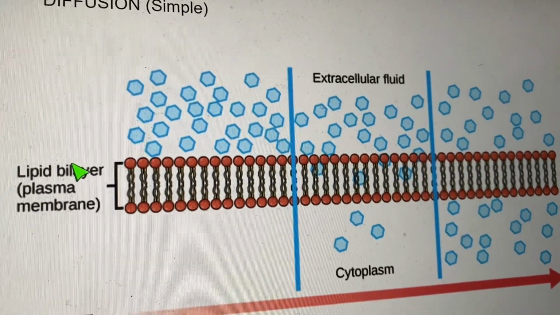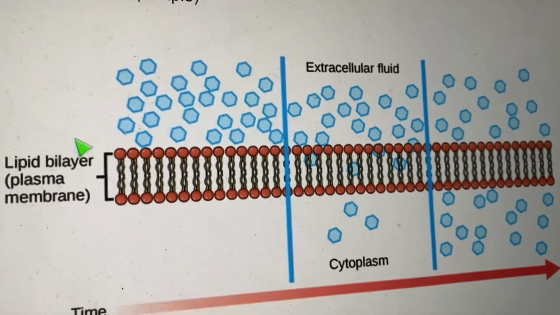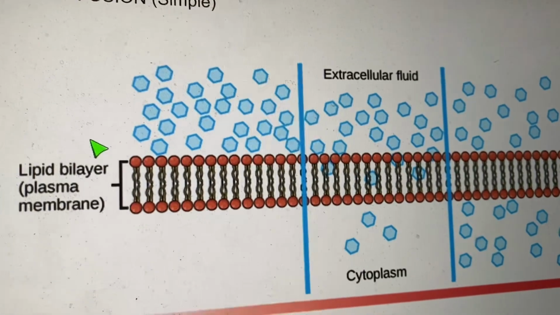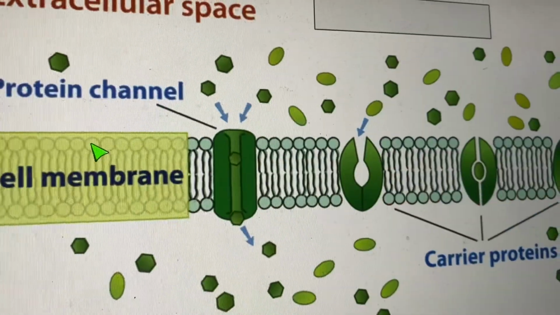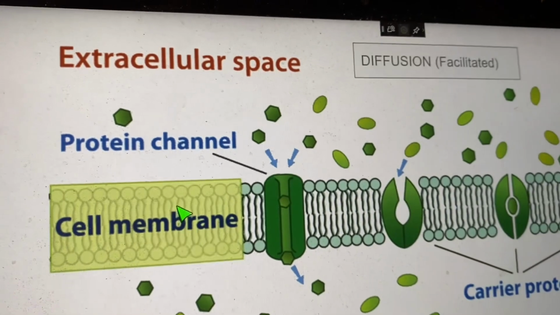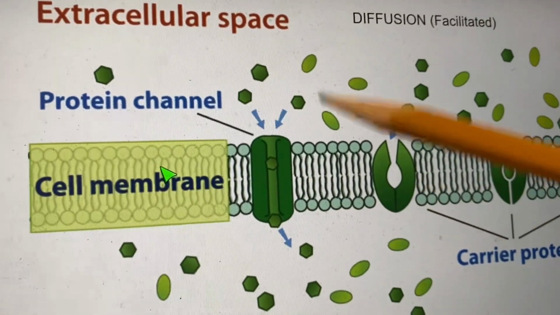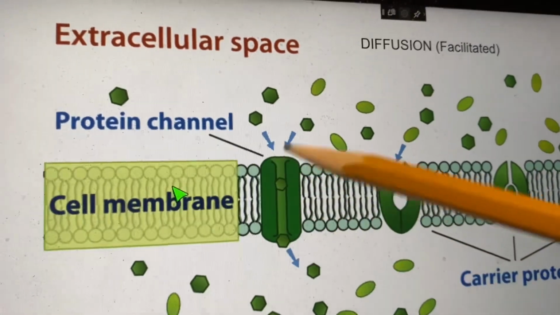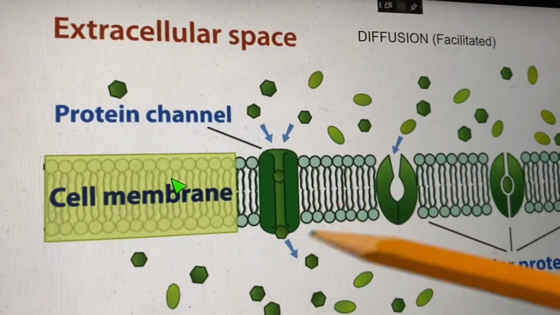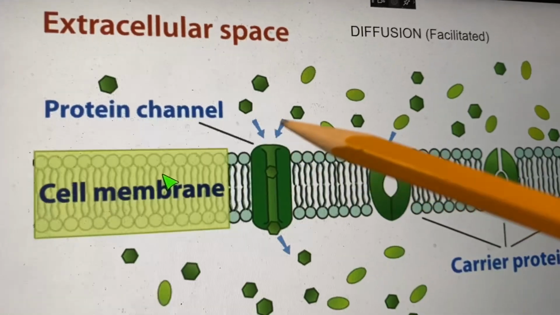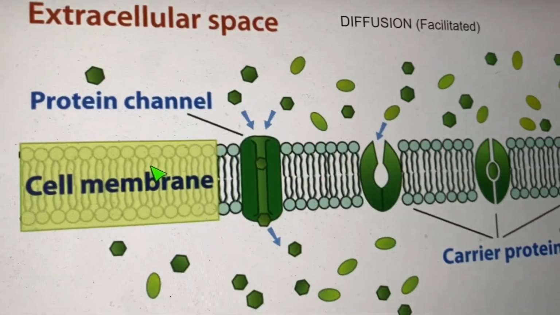There's another way that cell membranes help get things through, and that's facilitated diffusion, where chemicals move through the membrane, but they have to go through an opening, a channel, like a doorway or a gate.